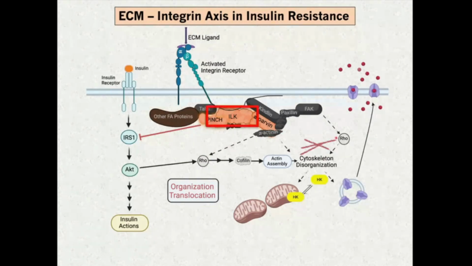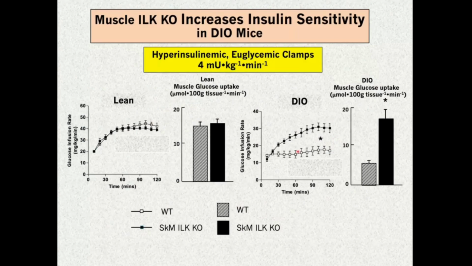So back to ILK. What you can see is the phenotype was not unlike the alpha 2 receptor subunit knockout. No effect in lean mice of glucose infusion rate or glucose uptake. But if you look at the glucose infusion rate in DIO mice, you see a marked increase in glucose infusion rate, and the glucose uptake increases by about 3-fold.